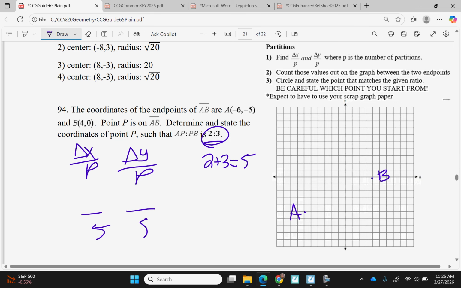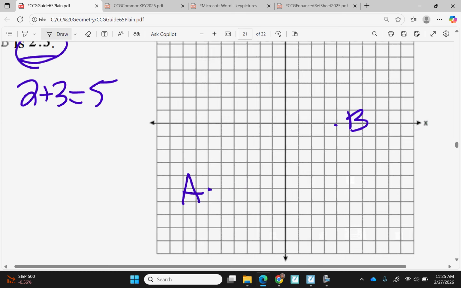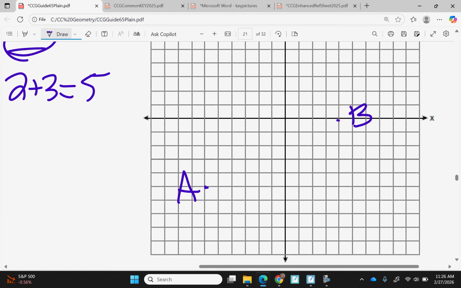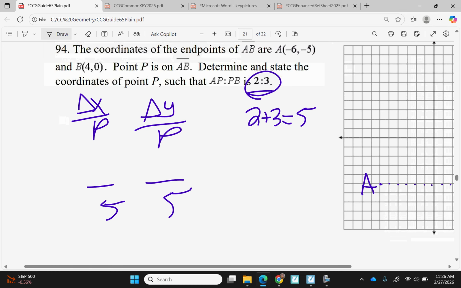And for delta X and delta Y, I'm going to count. So let's get this bigger. Delta X is 1, 2, 3, 4, 5, 6, 7, 8, 9, 10. Delta Y is 1, 2, 3, 4, 5. So it's 10 and 5. 10 over 5 is 2. 5 over 5 is 1.